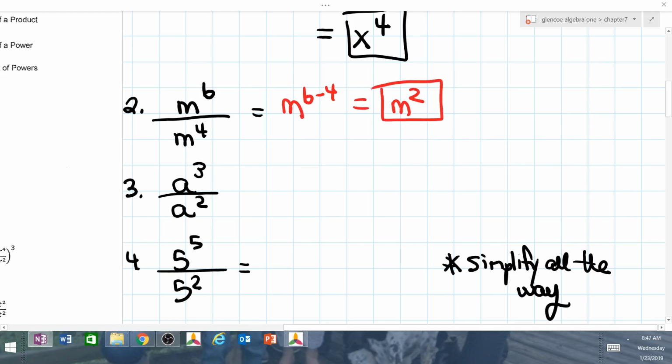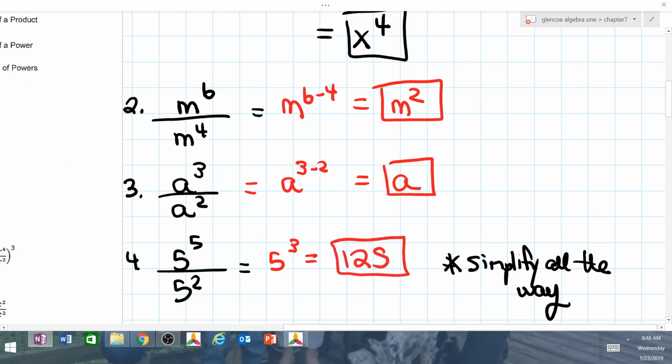Our next one is a cubed over a squared, which would be a to the 3 minus 2, which is a to the 1st power, or just a. And our last one, 5 to the 5th over 5 to the 2nd, is 5 to the third power, and we all know that 5 to the third power is 125. Are there any questions on those first few?